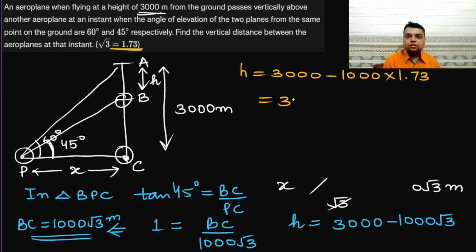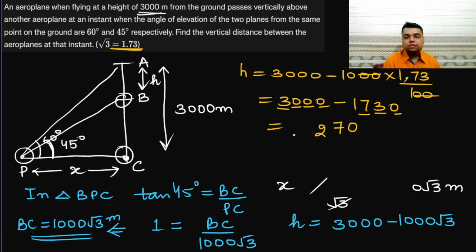So 3000, I can write this 1000 times 1.73 as 1730 upon 100, because after the decimal there are 2 digits, right? 2 zeros get cancelled out. I will get 1730. So let's subtract. So 0, 0. 10 minus 3 will be 7. 9 minus 7 will be 2, and 2 minus 1 will be 1. So this will be the height between these two planes. Okay, this will be the result.